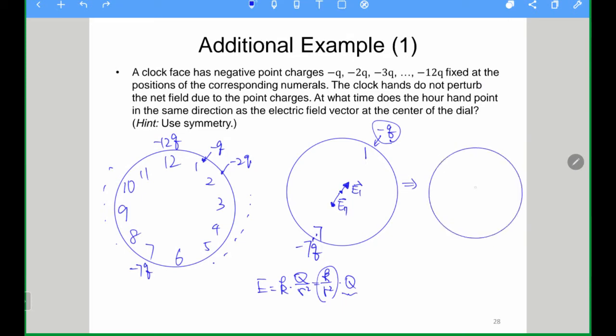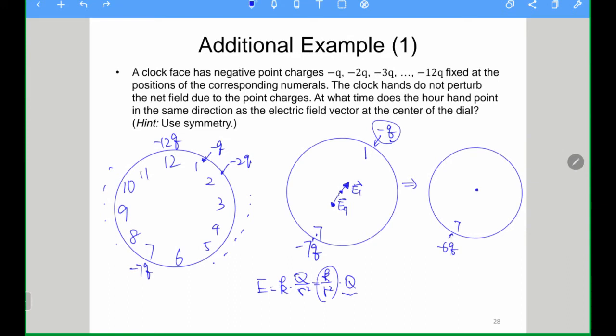It turns out we only have negative 6Q here, because one of the Q you can regard as cancelled for the center point.